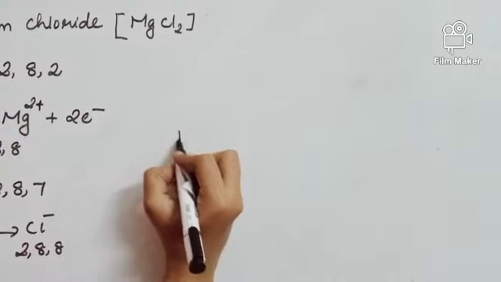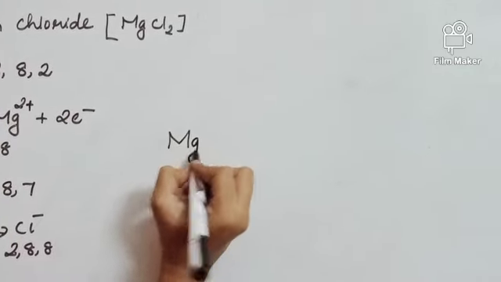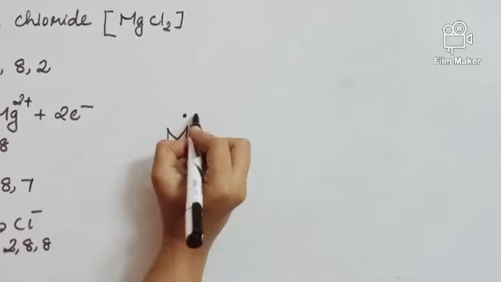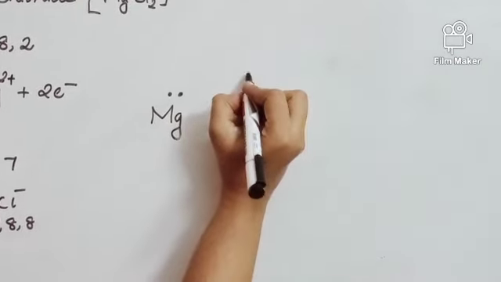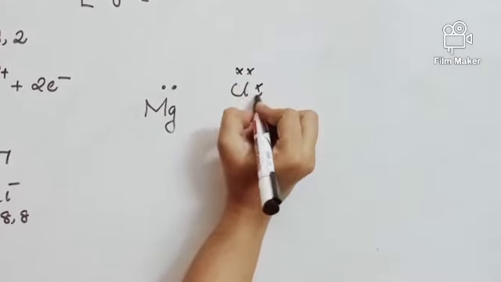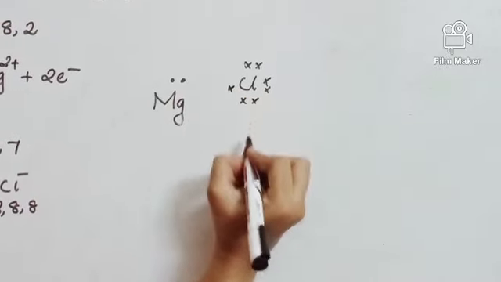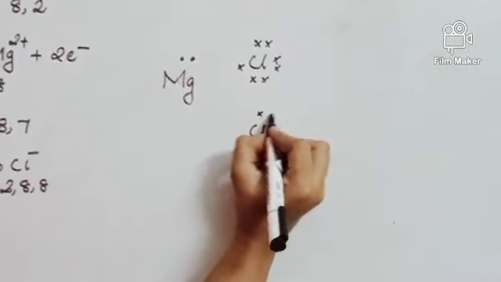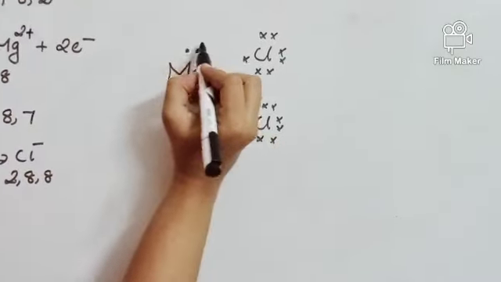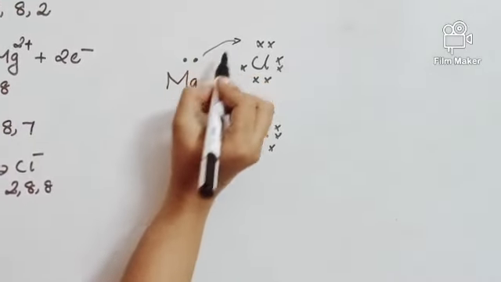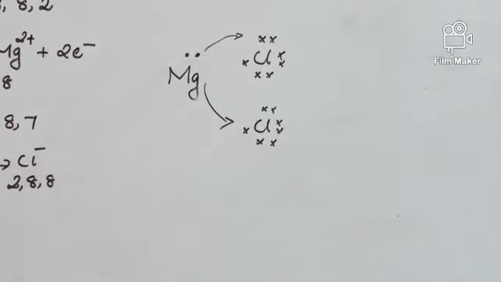The formation of this ionic compound can be represented as magnesium with 2 valence electrons, and 2 different chlorine atoms having 7 electrons each. Okay, so it will donate 1 electron here and 1 electron here.